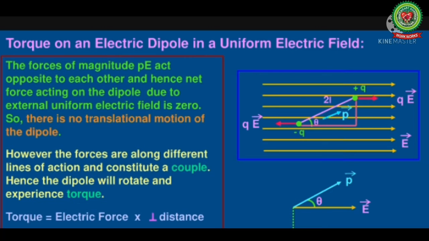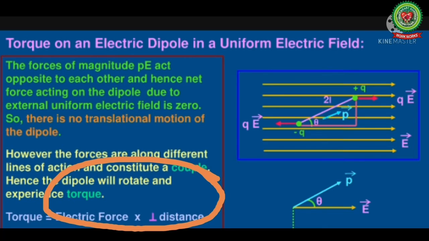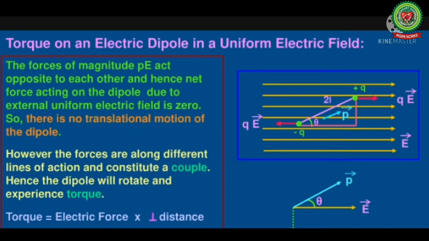The formula for finding torque is tau equal to force into perpendicular distance between the two charges. Children, as we have discussed earlier, the value of force acting on the dipole is QE. The perpendicular distance between these two charges is 2L sine theta.